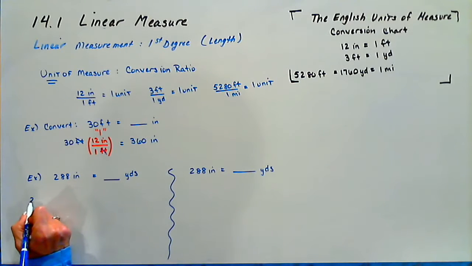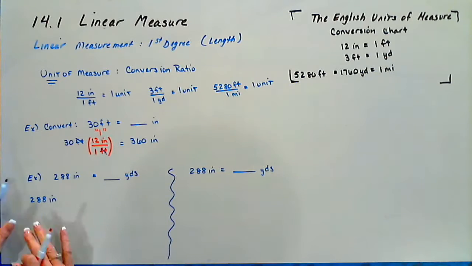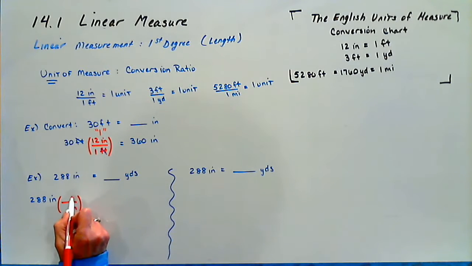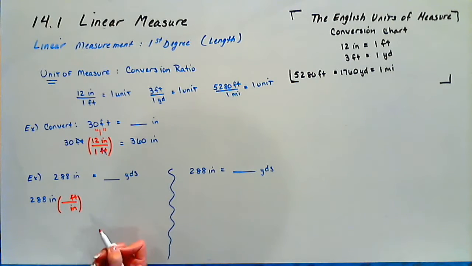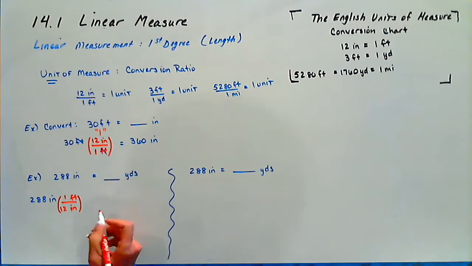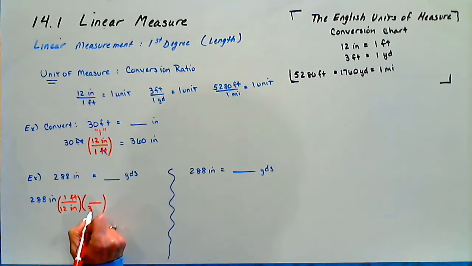So we're going to start with what we know, 288 inches. I know that if I'm going to convert, I want to reduce the inches, so I'm going to make that into feet. So 1 foot is the same as 12 inches, but I need yards, so I'm going to multiply by the number 1 again, and I know that 3 feet is exactly the same as 1 yard.